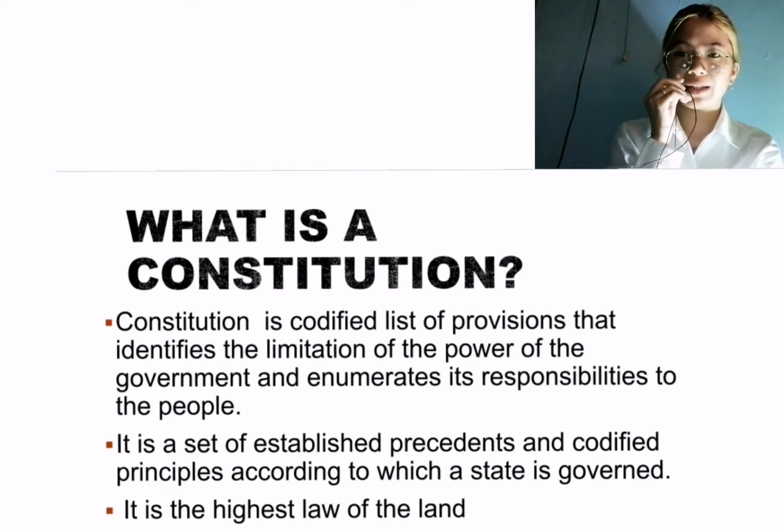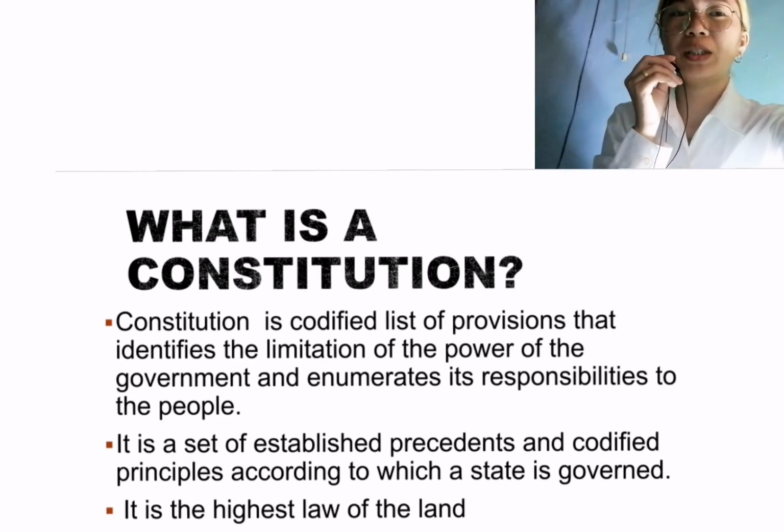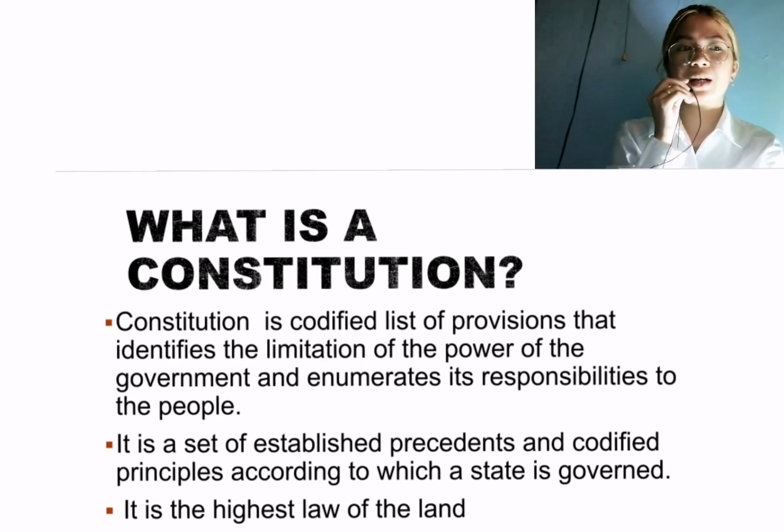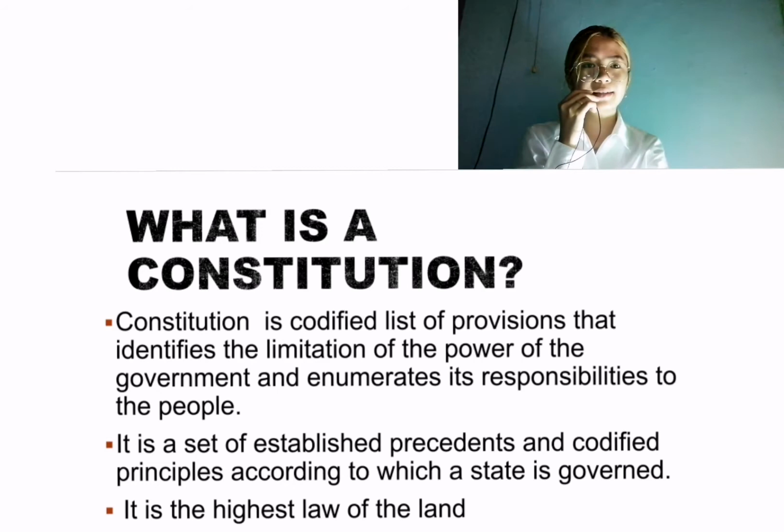Constitution is a codified list of provisions, meaning it is a collection or set of fundamental principles arranged in a systematic order in one document. The fundamental principles that I am talking about are the laws that regulate the government and other social institutions. It is a set of established precedents and codified principles according to which a state is governed.